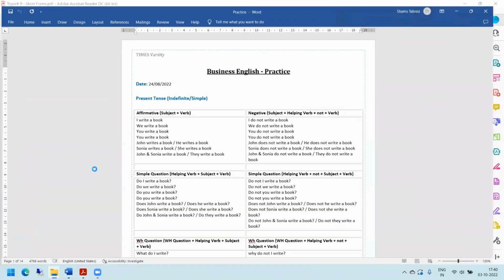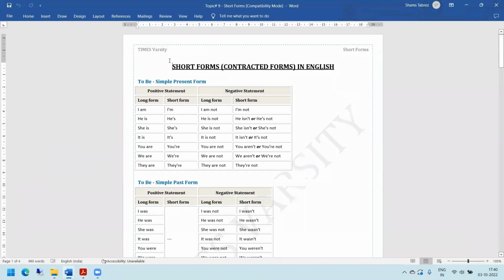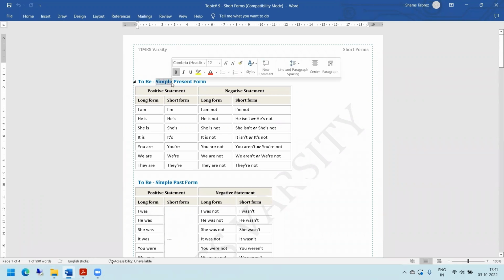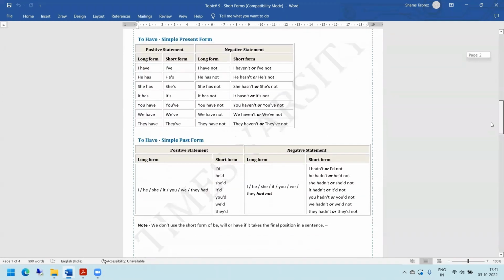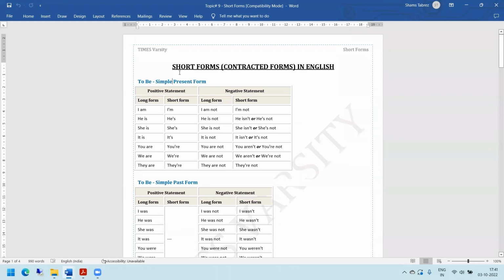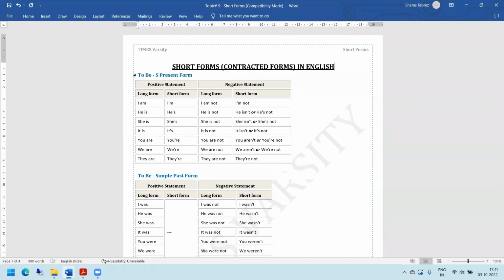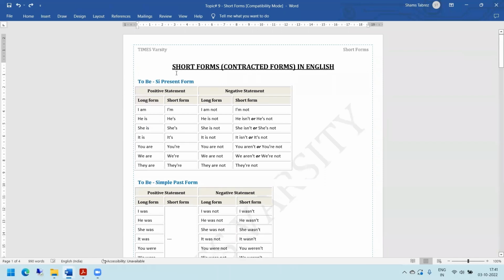This is short forms. Now, it is the continuous present form, where we are using the helping verb am.